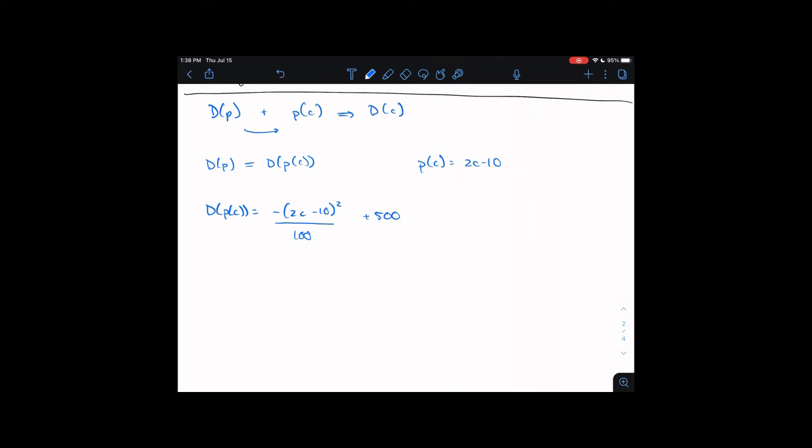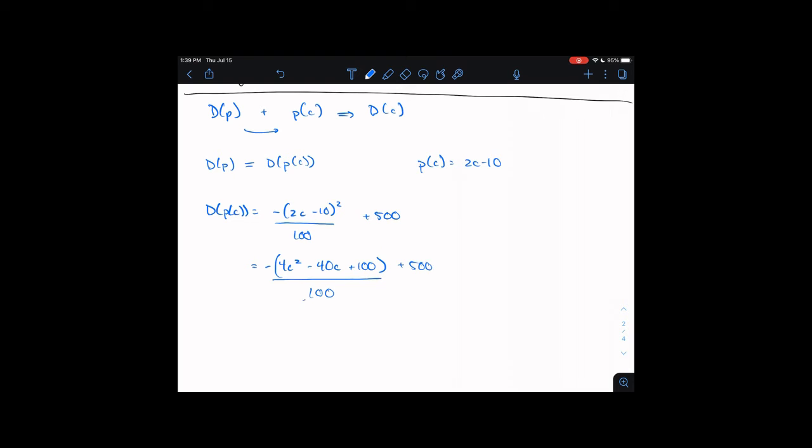Now the rest of this is just simplifying. If we actually do this multiplication, we get negative 4c squared minus 40c plus 100, the square of the binomial, over 100.